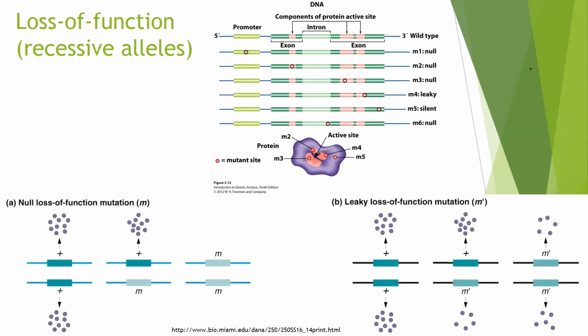For example, in this case, this is a wild type of the gene, and this wild type can produce a functional protein with a specific shape, because the protein usually is functioning with a specific shape in the cell. The pink area actually represents the most active parts for the protein. So any change in this pink region will be fatal. It will severely affect the function of this protein.